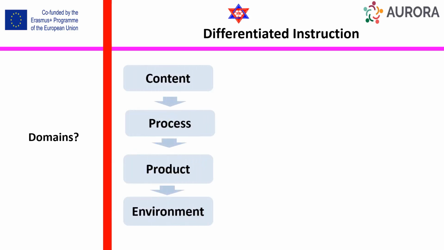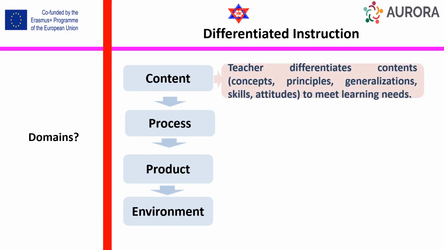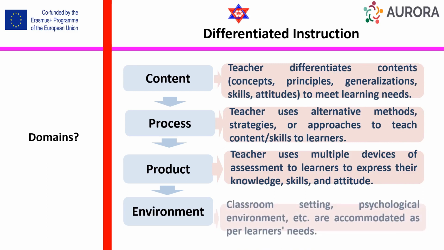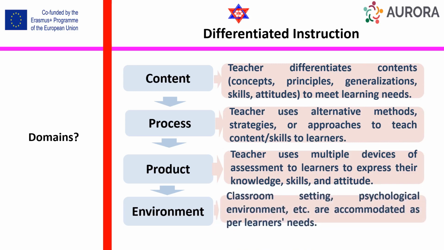In this slide, we are going to discuss different domains of differentiated instruction. A domain of differentiation refers to the areas that teachers or facilitators use to adapt a curriculum or instruction to meet the diverse needs, interests, aspirations and abilities of learners, including those with disabilities.